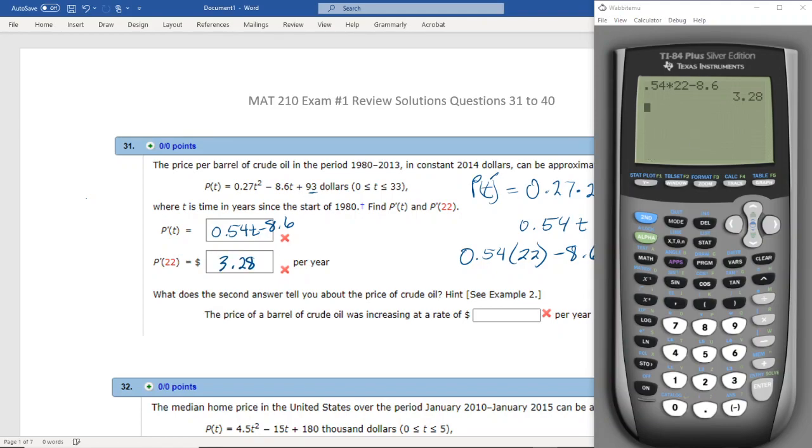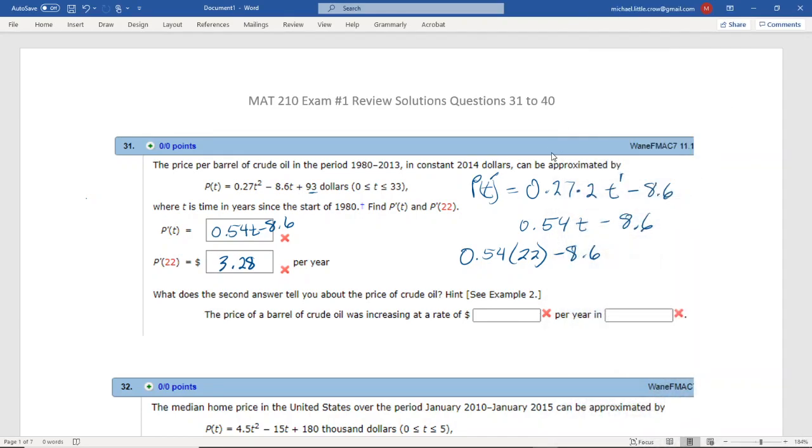Now remember, a derivative is a rate of change, so we've got to say what that means. The price of a barrel of crude oil was increasing, because it's positive, at a rate of $3.28 per year in, now what is T?